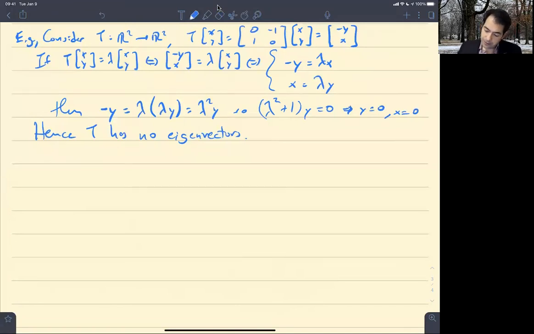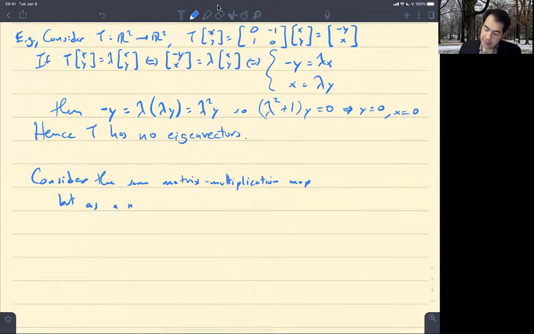So consider the same matrix multiplication map, but as a map between complex vector spaces.